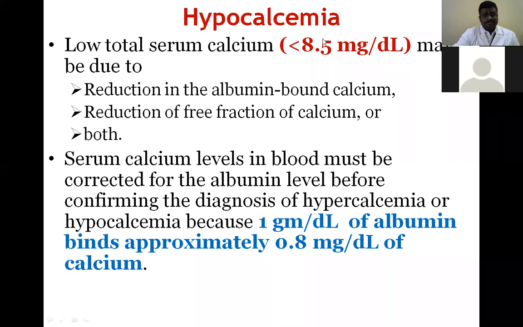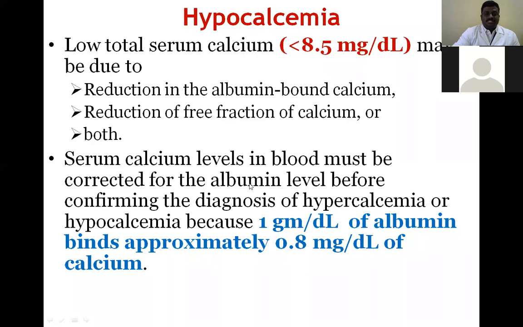Hypocalcemia means the availability of free calcium or albumin bound calcium is reduced. Either albumin bound calcium or free calcium, or both, are reduced in the blood, so the blood calcium value is less than 8.5 milligrams per deciliter.